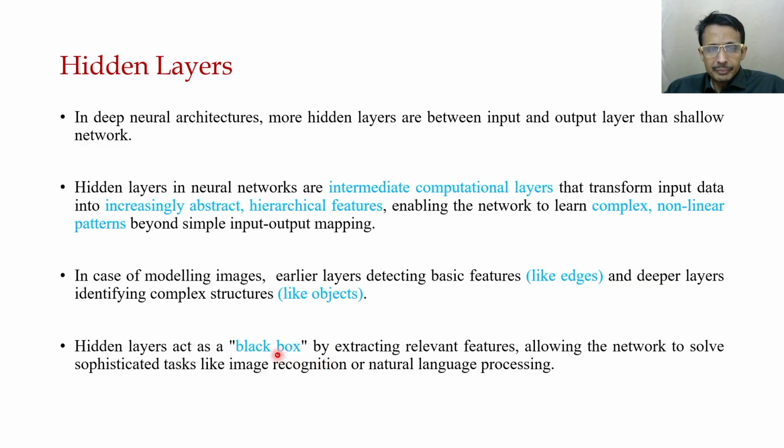Sophisticated means the most complex problems, like image recognition and NLP problems, trying to understand context and sentences. So in general, more hidden layers help. I say in general because, as we'll see later, it's not always true that the more layers, the more accurate. But I don't want to comment on this now for the sake of understanding. We'll see later.